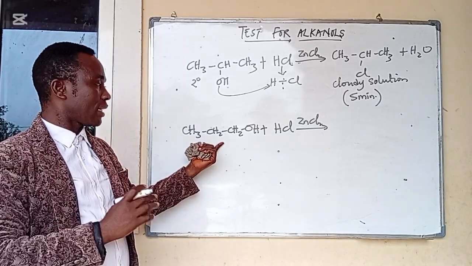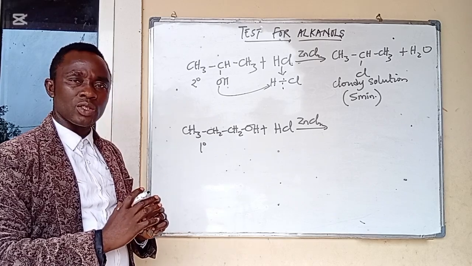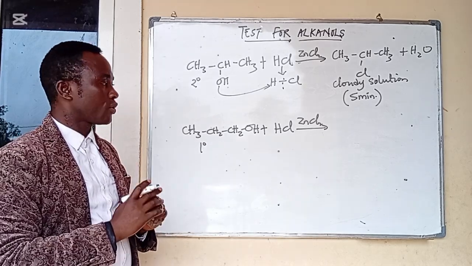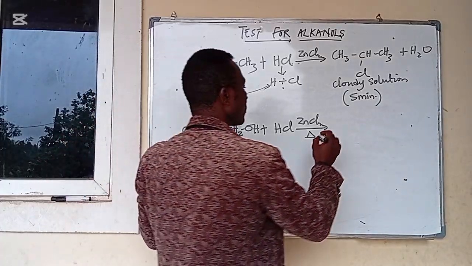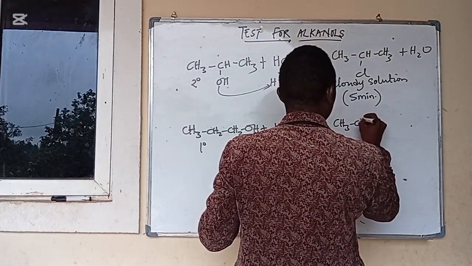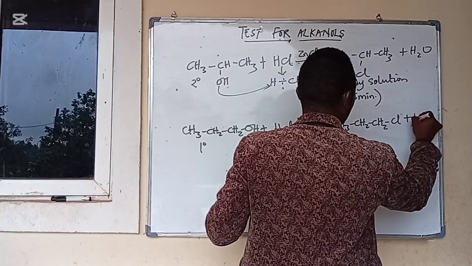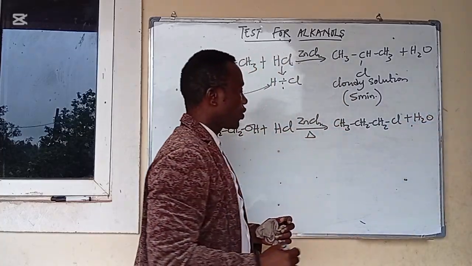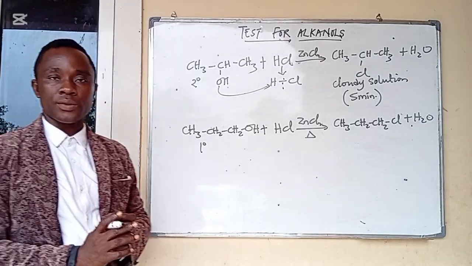It can only react when it is heated. So the reaction is almost impossible, except when it is heated. When heated, it will give you CH3CH2CH2Cl plus H2O. So you can see that is the order of reactions.